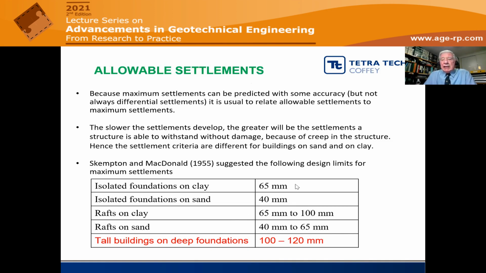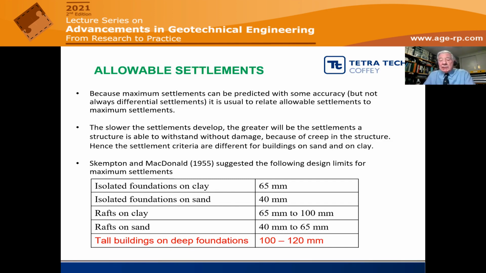And typically, those allowable settlements were somewhat greater in clay than on sand, simply because in clay, the settlements tend to develop slowly with time, and so a structure can adjust more gradually to those settlements than if the situation is with sand, where the settlements tend to be very rapid, responding to the load. And so we had 65 or 40 millimeters for isolated foundations, and with rafts, somewhat greater settlements.